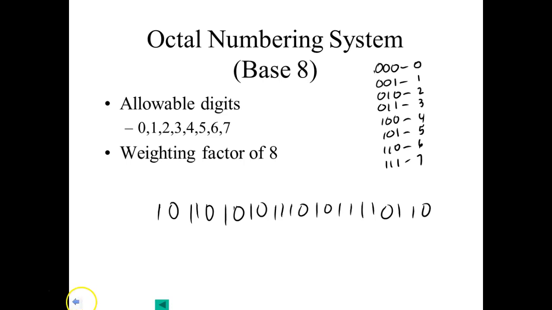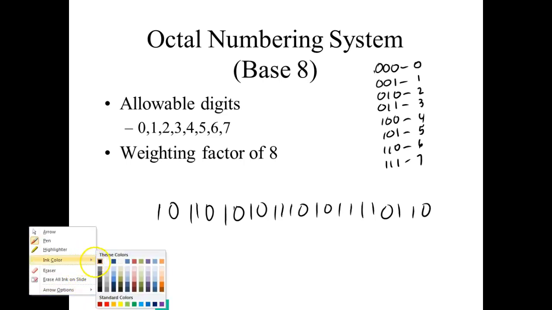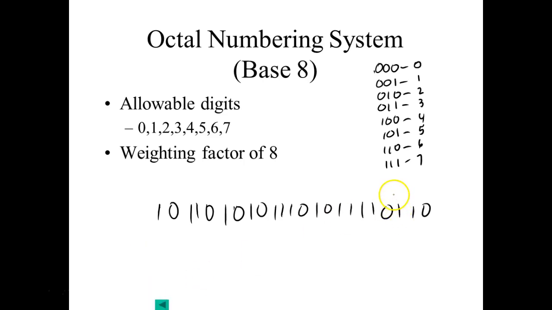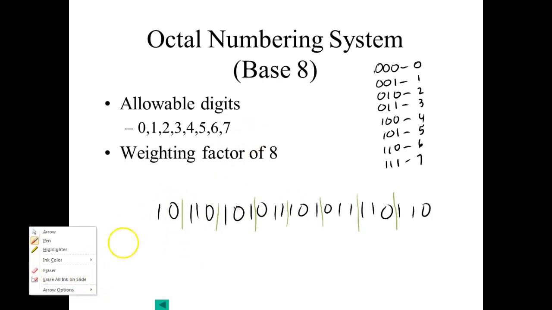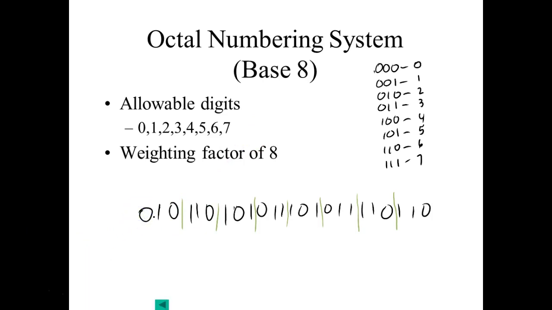So what I'm going to do is split this up, starting at the least significant bit. Got to start at the least significant bit. I'm going to split this up into groups of 3s. Now, I don't have enough digits here, so I can put a 0 right there. I can't put a 0 on this side because that would change the weight of the number.